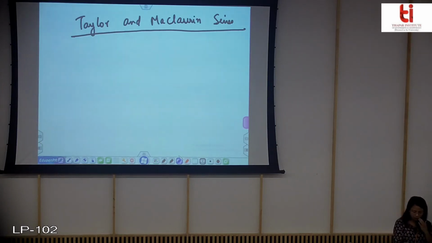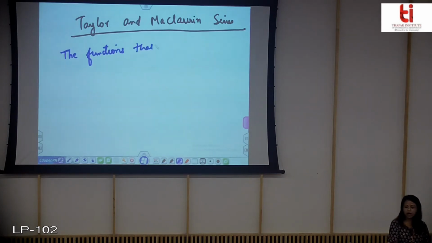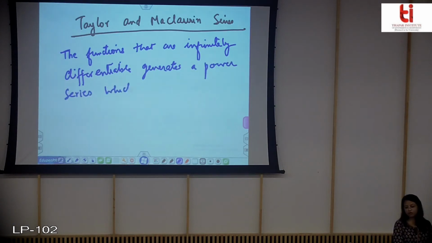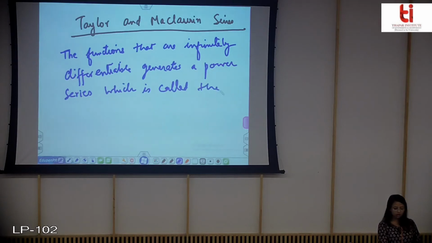I'll write, functions that are infinitely differentiable can generate a power series which is called the Taylor series.